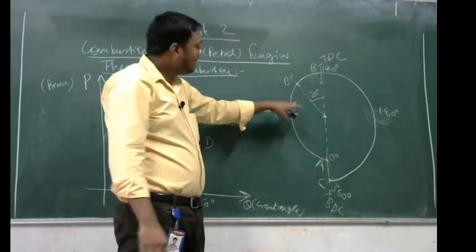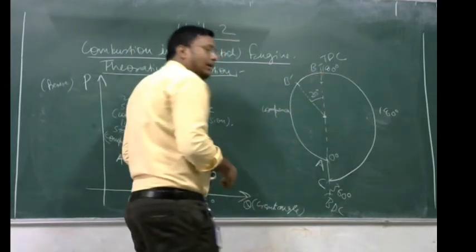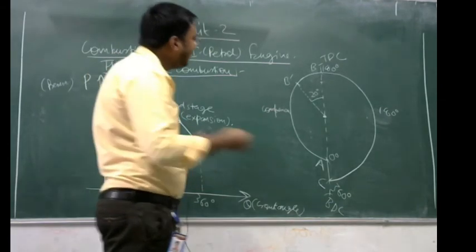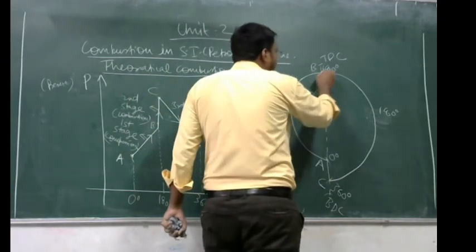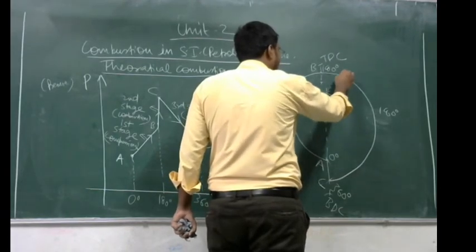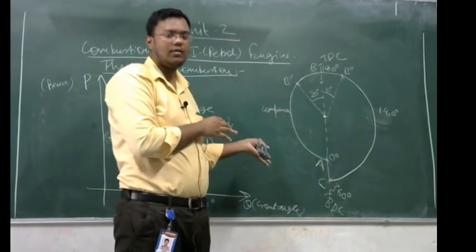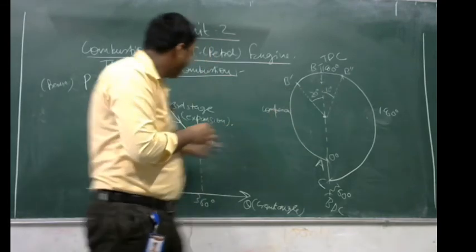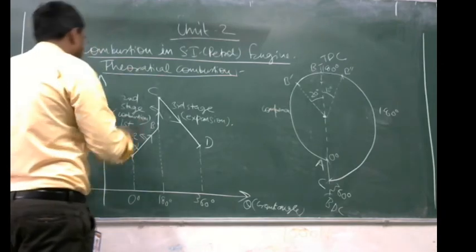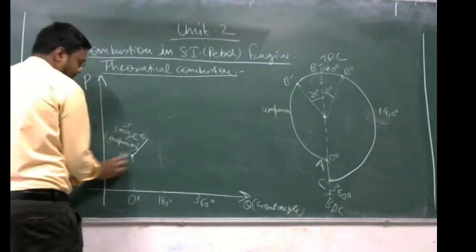So sparking starts before the compression completes, and sparking ends after TDC, after about 12 degrees, somewhere at B double dash. This is what we have studied in the actual valve timing diagram. So according to this, the diagram will also change when we talk about the actual combustion process.